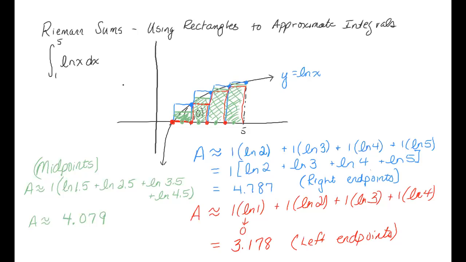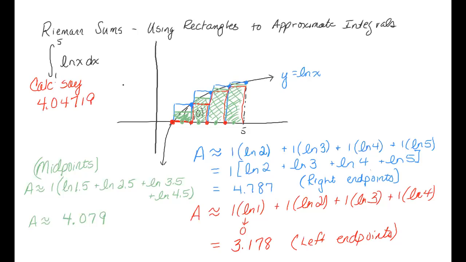Oh, I know what's wrong. Did you get 4.047? Yep. So my calculator says 4.04719. And that midpoint approximation was pretty decent with just 4 rectangles. The others, not so much.